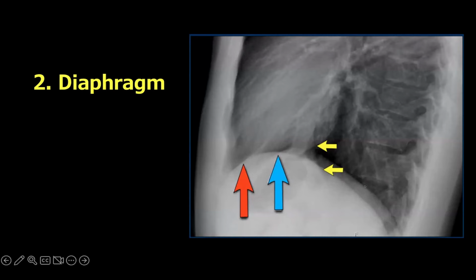Let's follow the left hemidiaphragm then. This is the posterior aspect of the left hemidiaphragm. As we go anteriorly, it just merges with the heart above and the soft tissue in the abdomen below, and then you can't really follow it all the way anteriorly. That's the way you know this is the left hemidiaphragm.